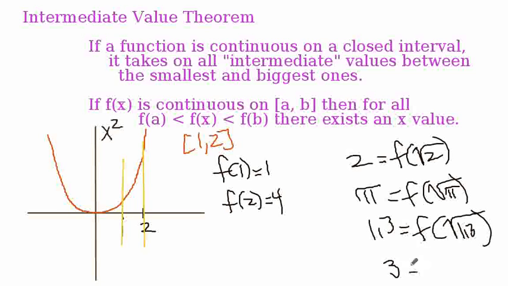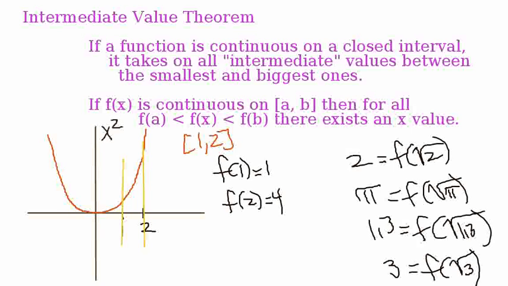For 3, that's equal to f of root 3. And that's going to work for every single value in between 1 and 4, if it's continuous, and if you're dealing with a closed interval. Now, why would a function not satisfy the intermediate value theorem?